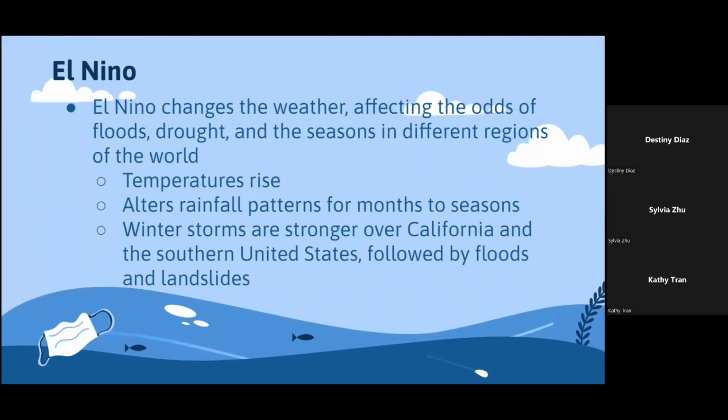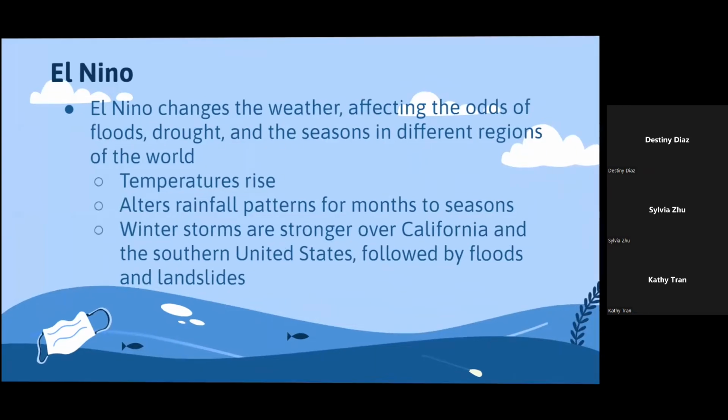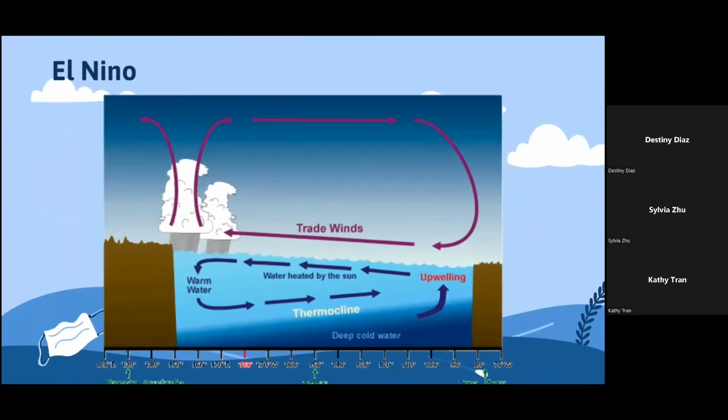El Nino changes the weather and affects the odds of floods, droughts, and the seasons in different regions of the world, which affects the temperature in which it rises. It alters rainfall patterns from months to seasons. Winter storms are often stronger over California and the southern United States, which is followed by floods and landslides. And this is a photo of the direction of trade winds and water.